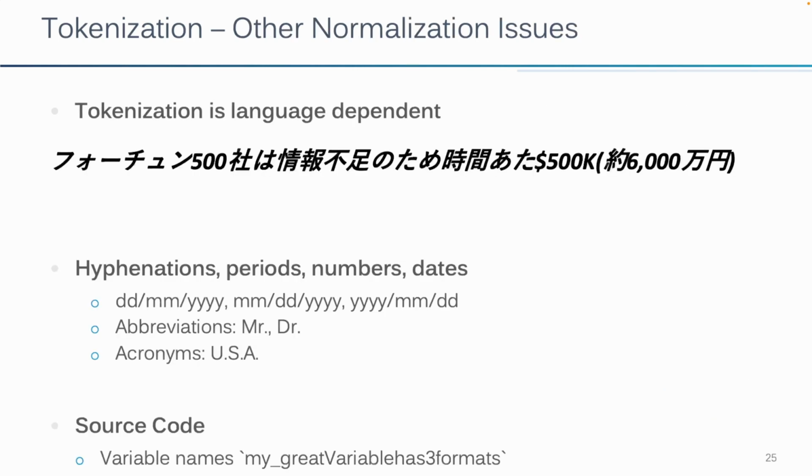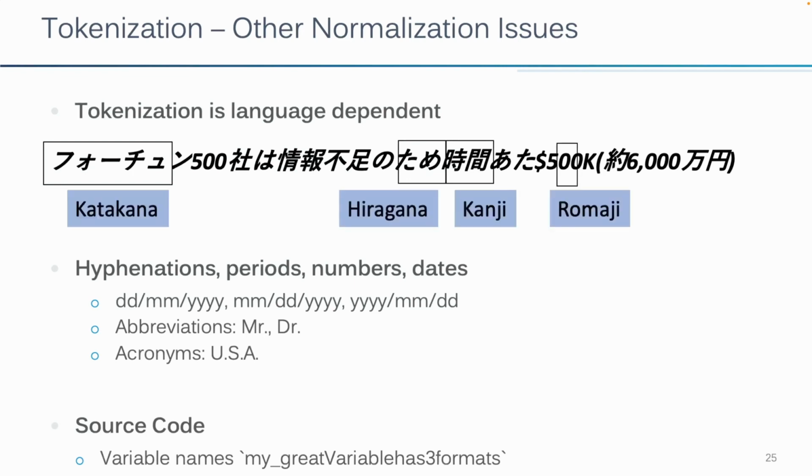Okay, some of the problems that we have when doing this is that tokenization is language dependent. When we split subwords or characters in English, we know how to do that to some extent. But then there are other languages like Japanese, Arabic, Chinese, with different ways of reading and different number formatting. So this is something we have to take care of. Then people use different formats for dates.